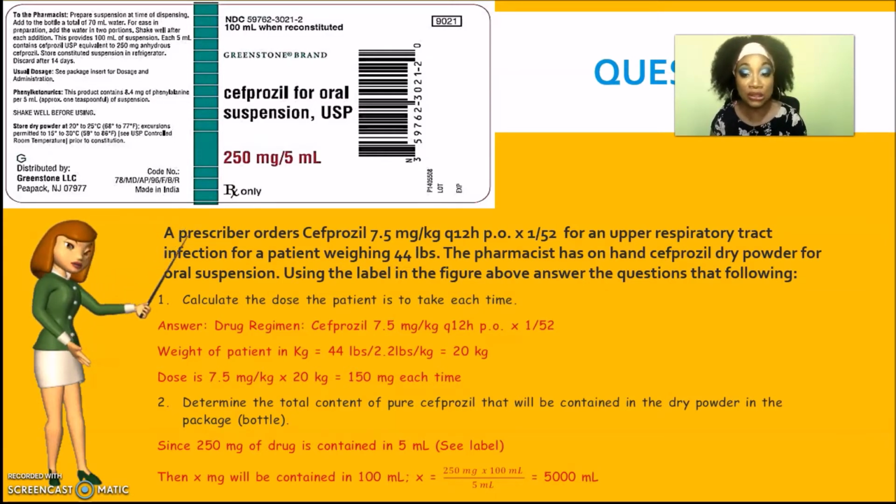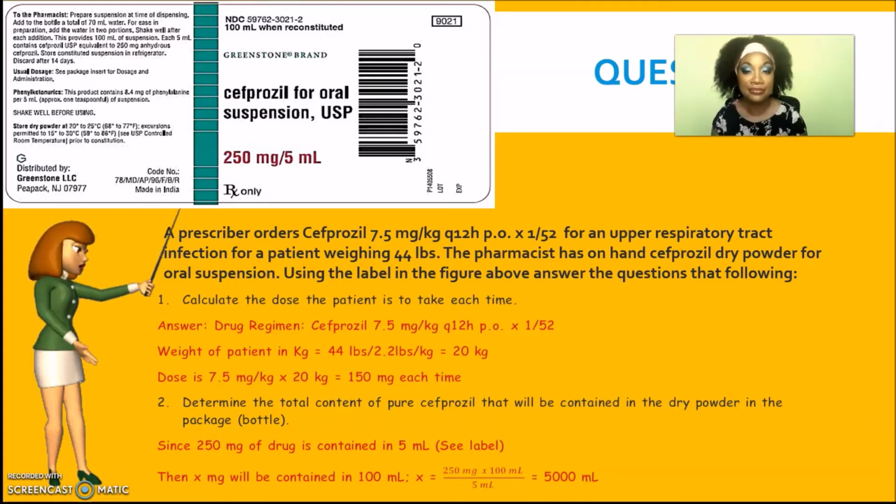The second question asks, determine the total content of pure cefprozil that will be contained in the dry powder in the bottle. How are we going to do this? We have to use the information that's given to us. The information that's given to us is on the label.